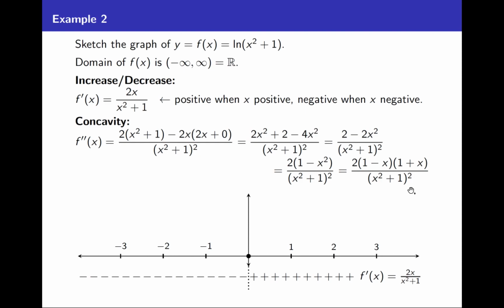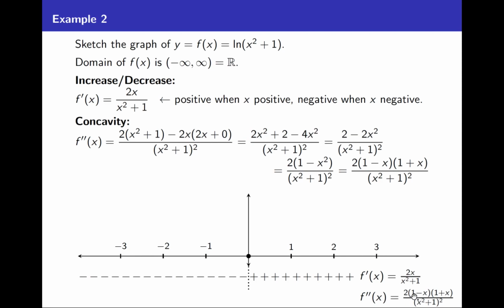So we need to look at where f prime prime of x is 0 and where it's positive and where it's negative. Let's start to tally that information down here, just as we did for f prime. So I have f prime prime of x equals what we computed it as here. And first of all, think about where f prime prime is 0.